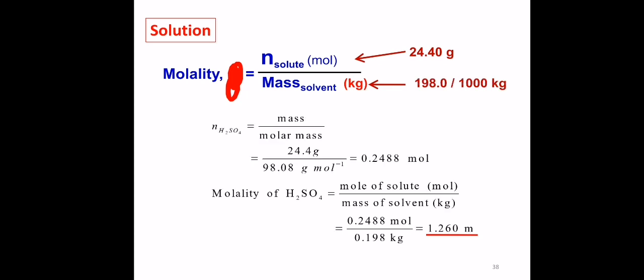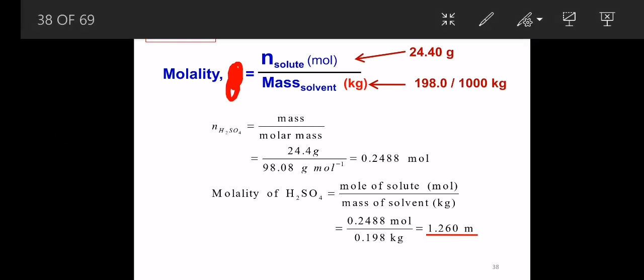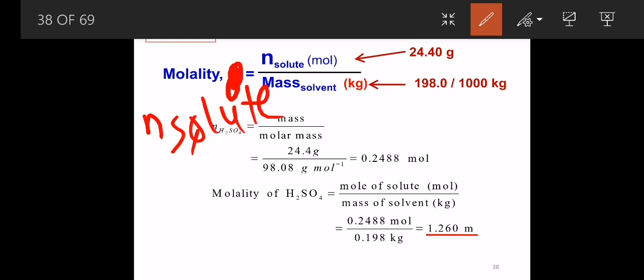So the first step is to calculate the mole for solute. The mole for solute of sulfuric acid equals the mass, which is already given, and the molar mass you find based on the table of relative atomic mass.